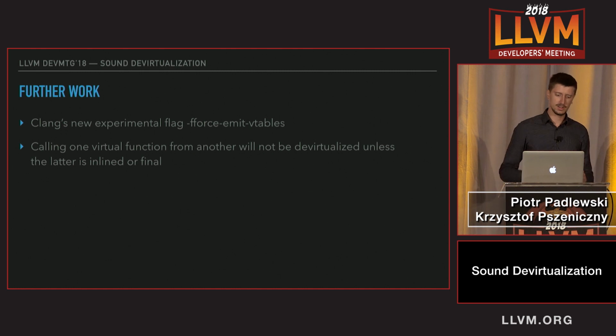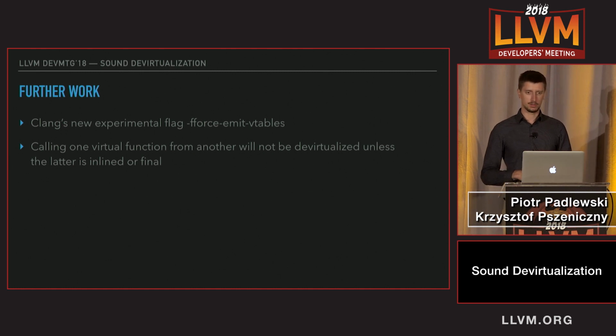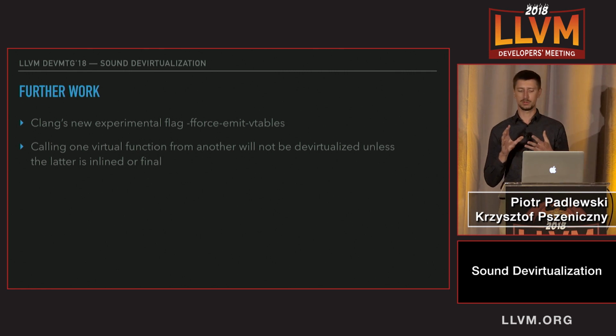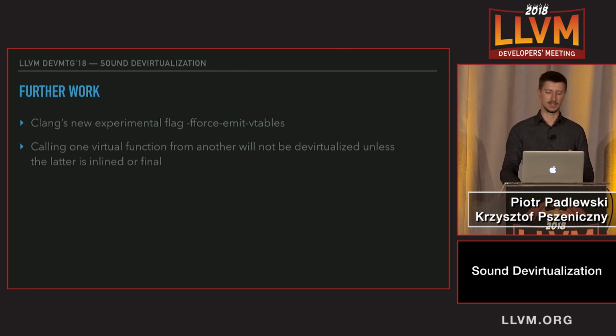And there is also another very cool idea that I'm not sure who the author was, but I heard it from Richard: whenever we are calling a virtual function from inside of another virtual function, we could specialize every virtual function to actually remove all those virtual calls inside of those virtual functions, because the only way we would devirtualize it is by inlining it into the call site.